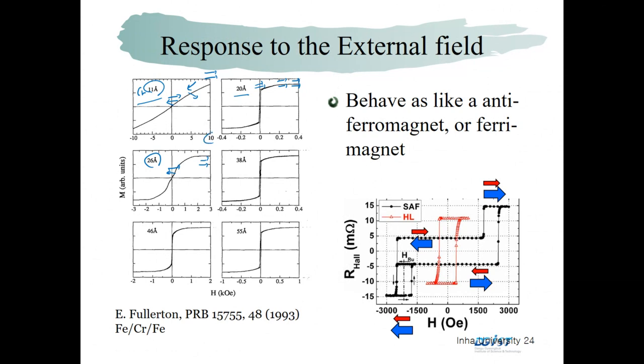But here we have 10 kilo-oersted, while we need only 3 kilo-oersted, which means the coupling strength at 26 angstrom is much smaller than in the 11 angstrom case. Just like this.